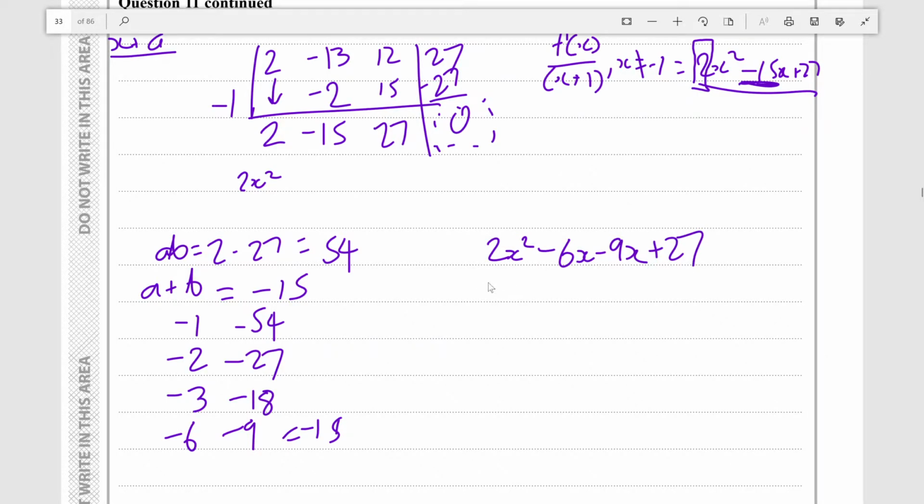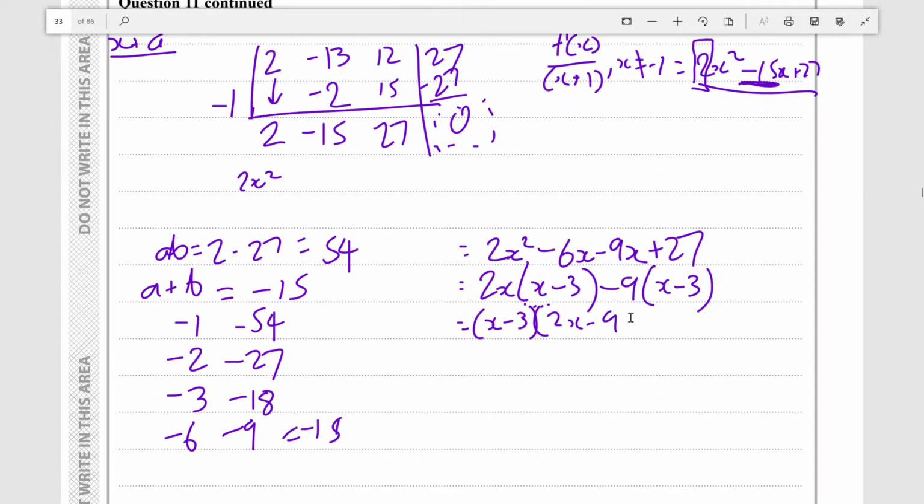and then we factor out the 2x, so we have 2x times x minus 3, and then we want the first term to be also x minus 3, so we factor out the minus 9 here, and it's minus 9 times x minus 3, because minus 9 times minus 3 brings us the positive 27, and then we factor out x minus 3 to get x minus 3 times 2x minus 9.